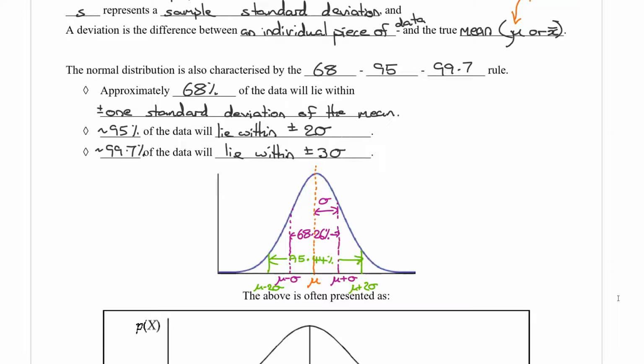And finally, if we go out to 3 sigma, then it's going to be mu plus 3 sigma, take 3 sigma. Then we see the population here sort of running out of space, roughly like so.